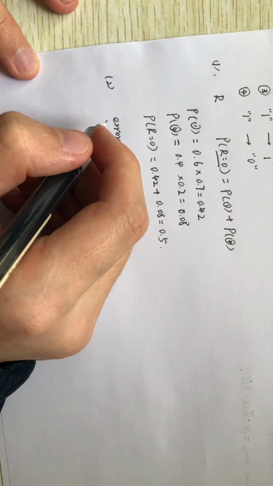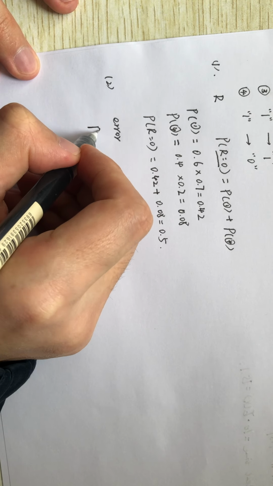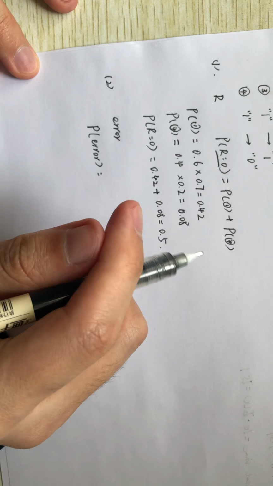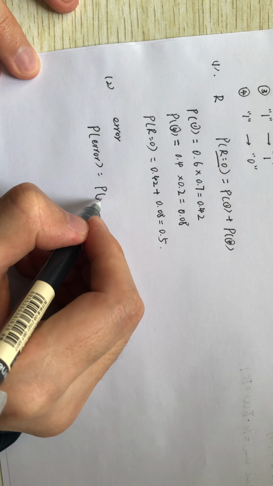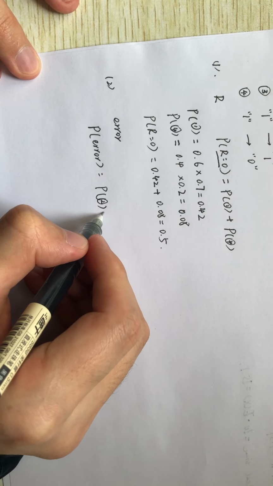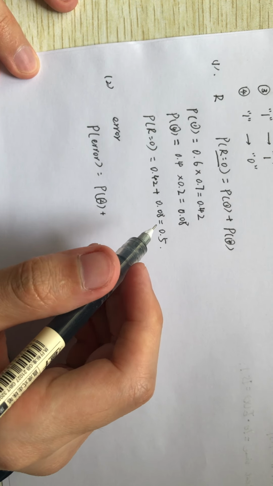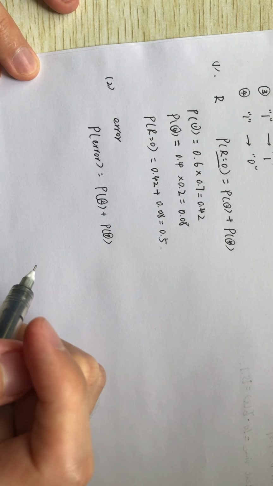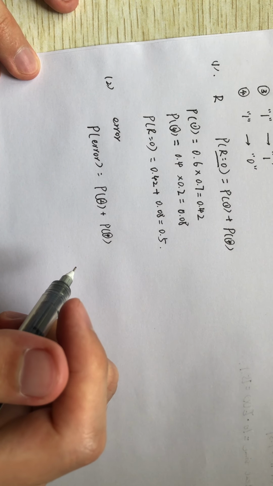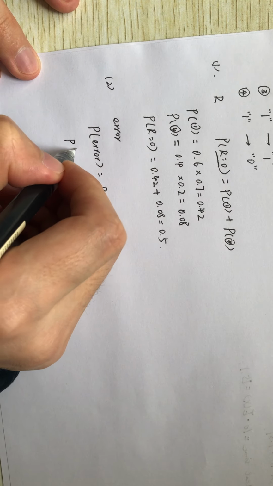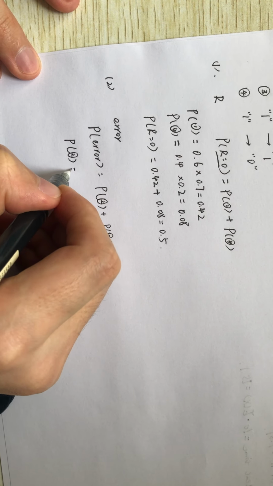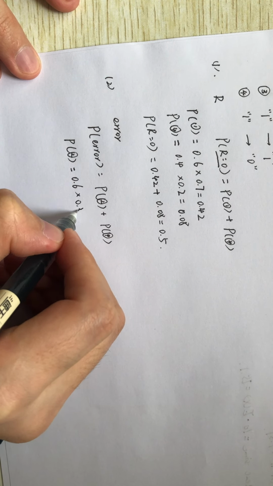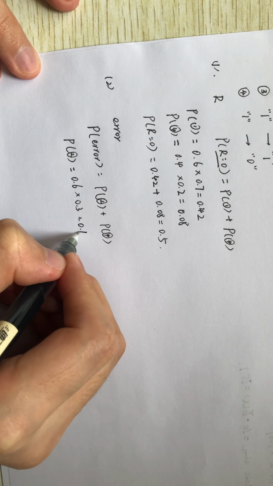So the probability of error equals the probability of the second circumstance plus the probability of the fourth circumstance. And the probability of the second circumstance is P2 equals 0.6 multiplied by 0.3, and the result is 0.18.